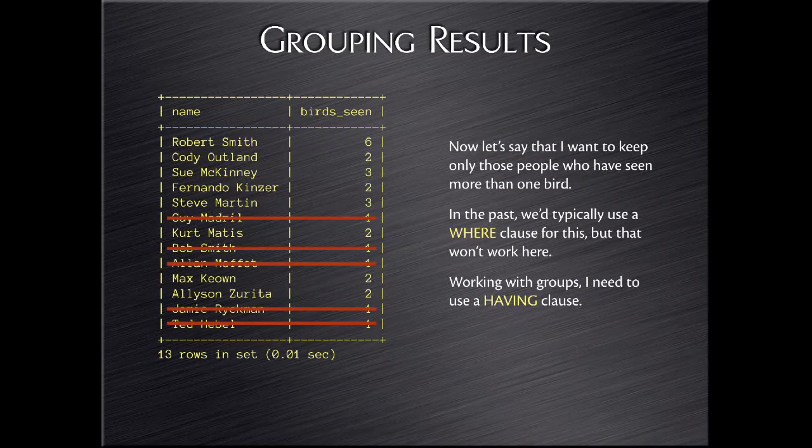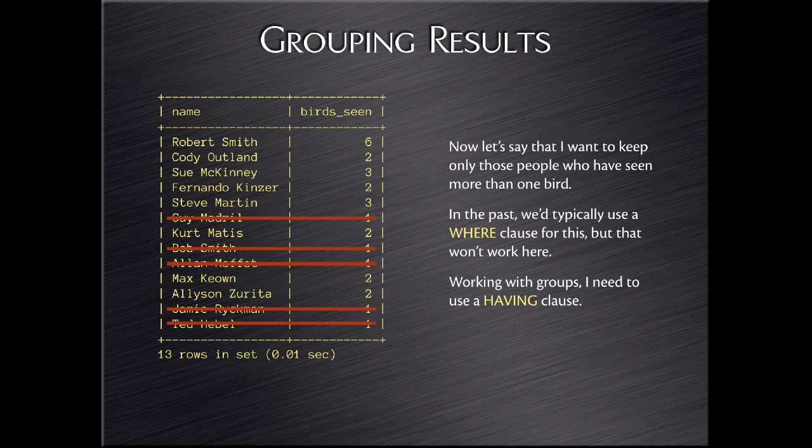Well, let's imagine that I want to do this. I don't want to know everybody. In fact, I don't want to know anybody who's only seen one bird. I want to see the top sellers, the big salespeople, and the big bird sighting people. So I just want to see everybody who has a sighting number greater than 1.